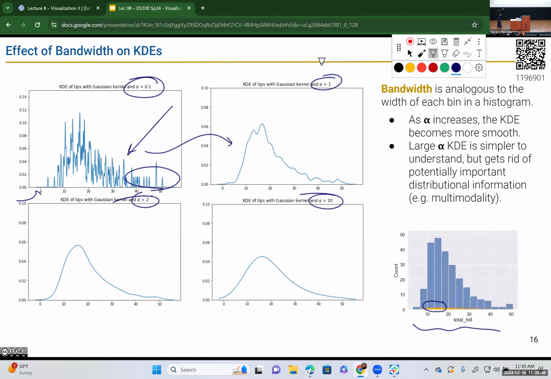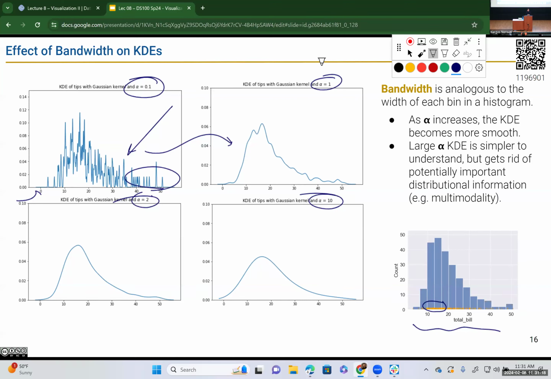So this very high alpha is also not ideal because we're not going to be able to extract the details necessary for us to understand more than where the peak of the data is. That's why picking alpha is a hyperparameter that's a little bit tricky. You might want to try different alpha values and figure out which one captures the general trend of the data better.